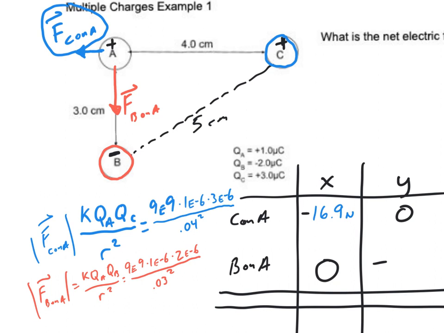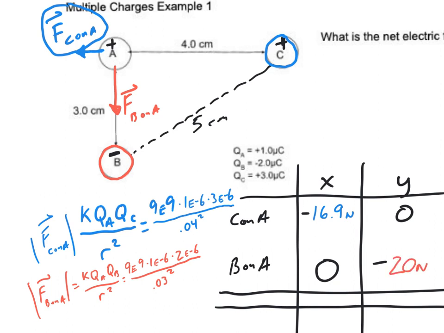This is very similar to the previous one. Big difference is we're dealing with 2 instead of 3 microcoulombs, and it is 3 centimeters away, not 4, giving us a nice clean 20 newtons downwards.